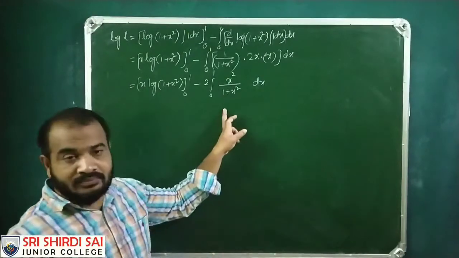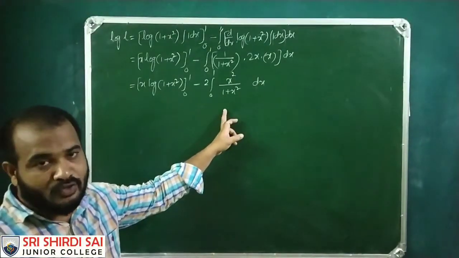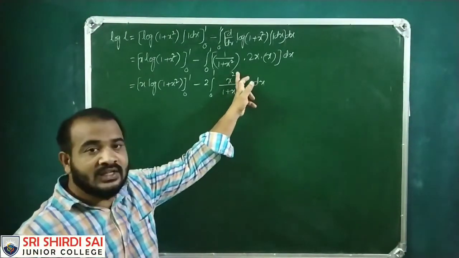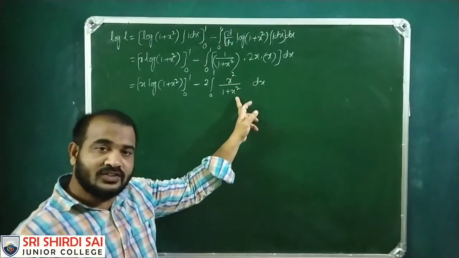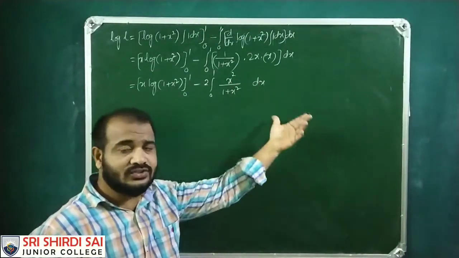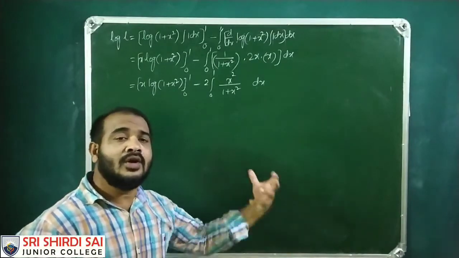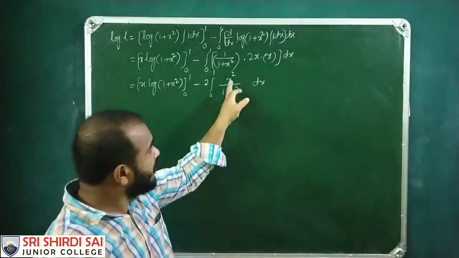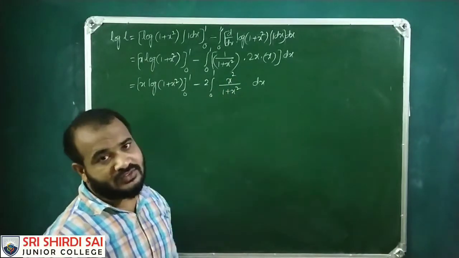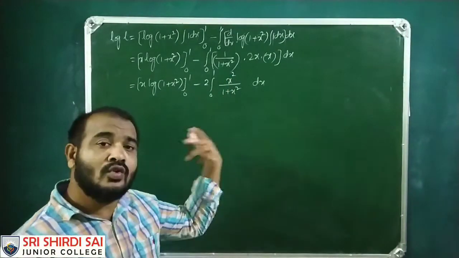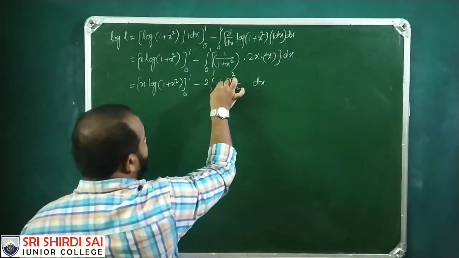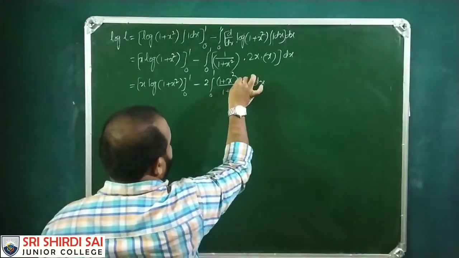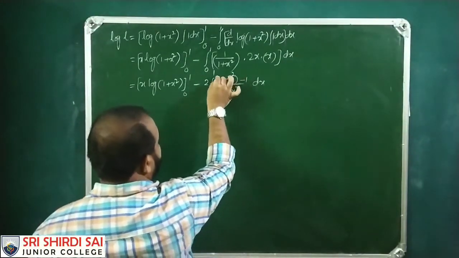This is an improper fraction because the degree of the numerator is 2 and the degree of the denominator is also 2. Such fractions, where the degree of f(x) is greater than or equal to the degree of g(x), are called improper fractions, for which we need to divide x square by 1 plus x square. Otherwise you can even go for balancing: I will add 1 and subtract 1 without loss of generality.